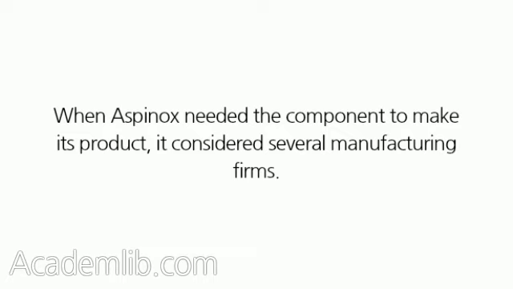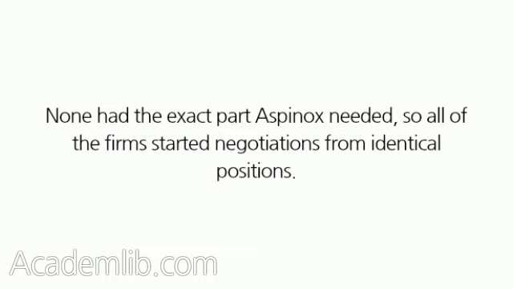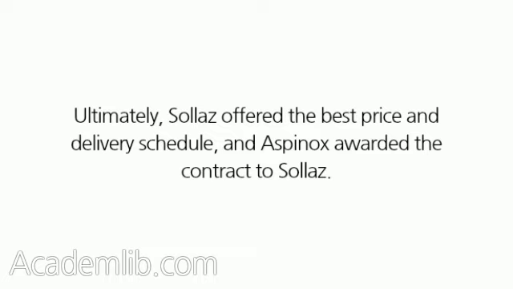Example: when Aspinox needed the component to make its product, it considered several manufacturing firms. None had the exact part Aspinox needed, so all of the firms started negotiations from identical positions. Ultimately, Solis offered the best price and delivery schedule, and Aspinox awarded the contract to Solis.